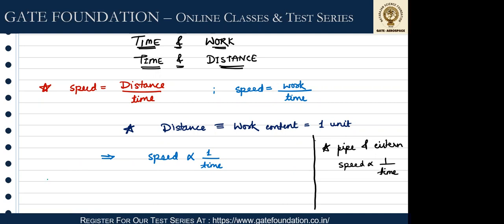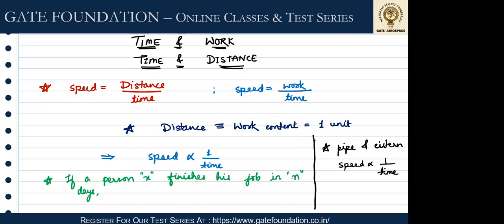So अब इन सब चीजों से हमें ध्यान क्या रखना है. So if it has been mentioned in the question that a person X, let's say there is a person X, he finishes his job in, let's say, n days.